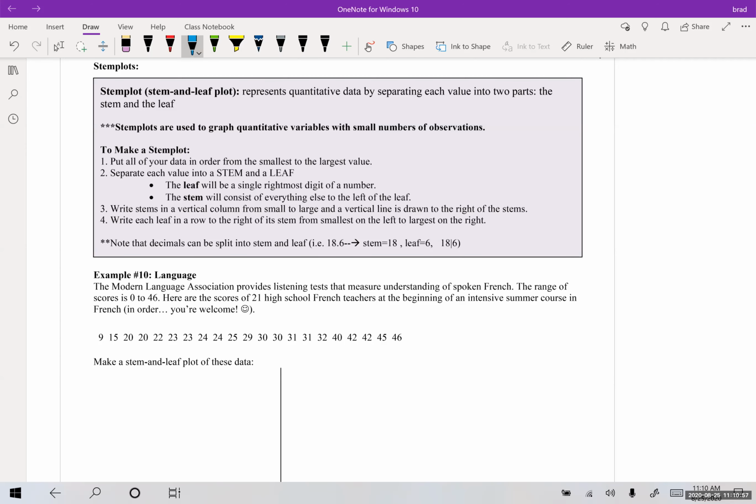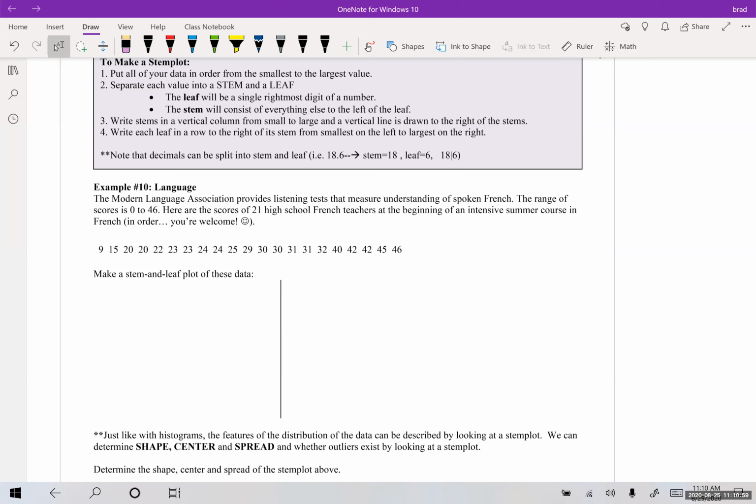So let's take a look at this. It looks like they're already arranged in order. It says the Modern Language Association provides listening tests that measure understanding of spoken French. The range of scores is 0 to 46. Here are the scores of 21 high school French teachers at the beginning of an intensive summer course in French.